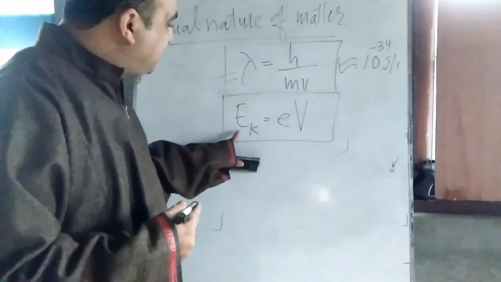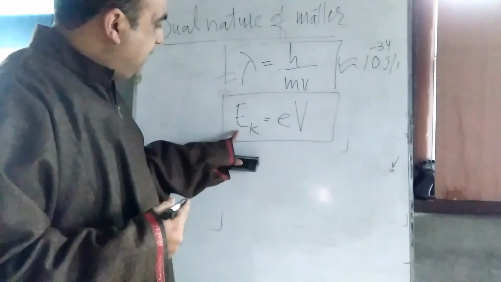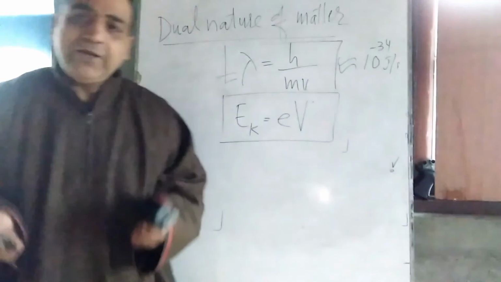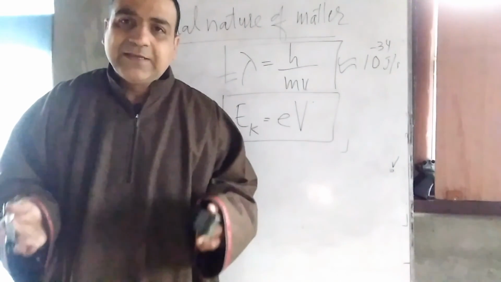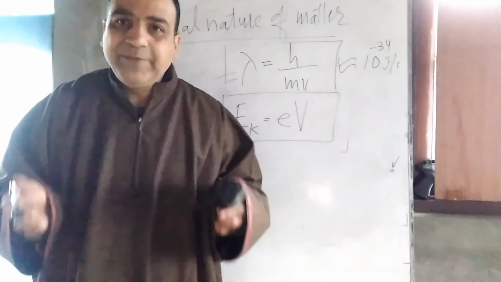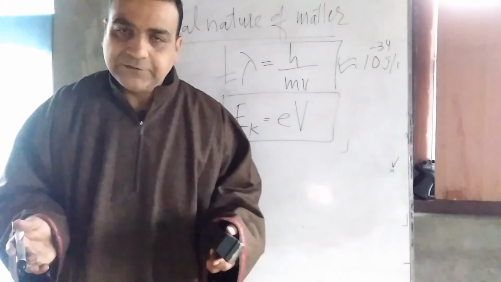So you can replace the kinetic energy by eV, provided your electron is moving in some potential difference. So the electron will be accelerated in that potential difference.